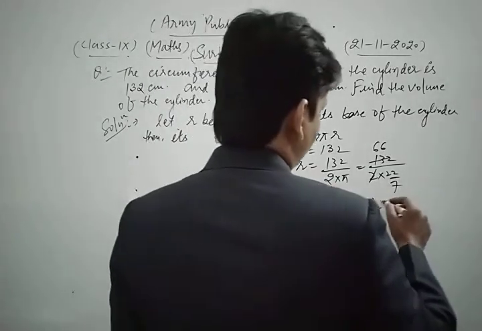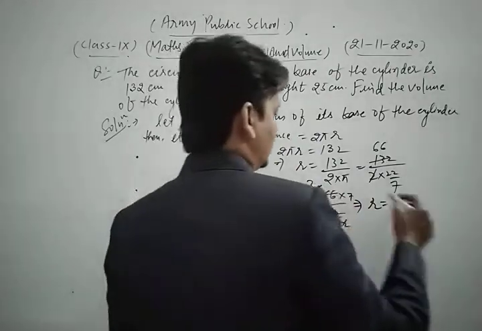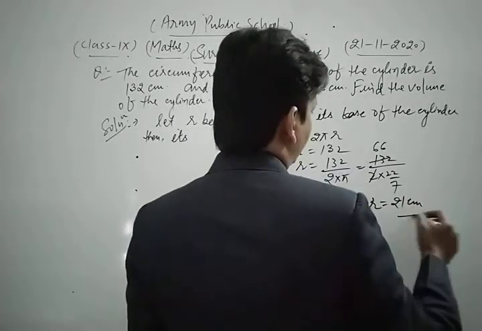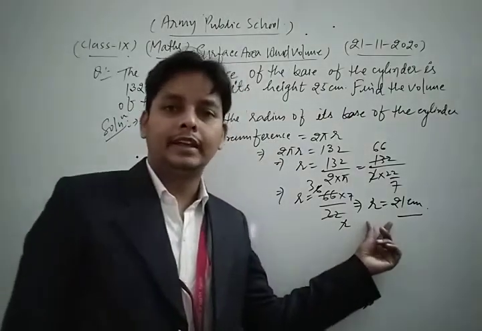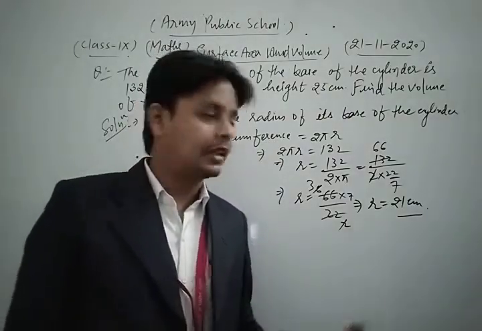So the value of the radius of the base of the cylinder is 21 centimeter.